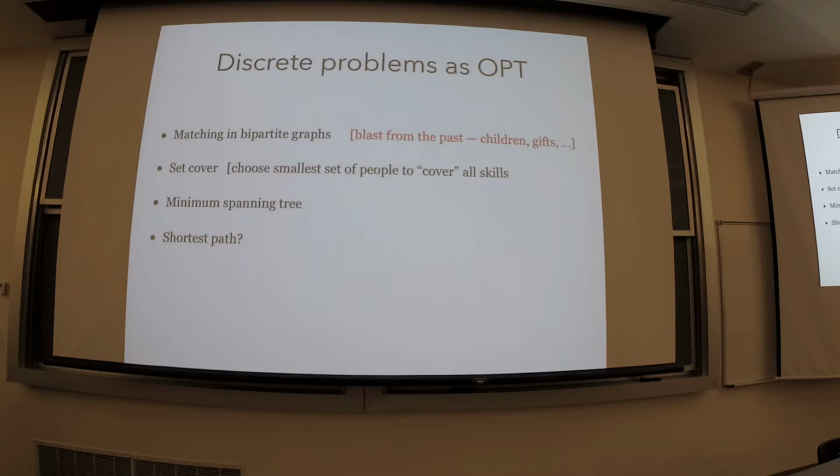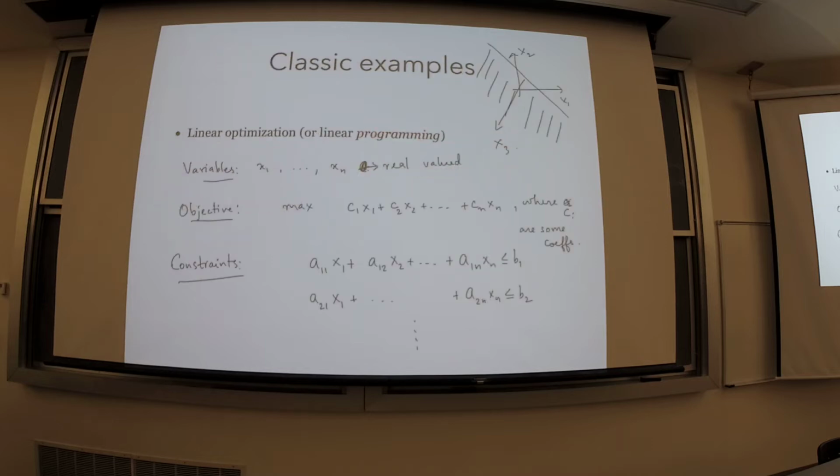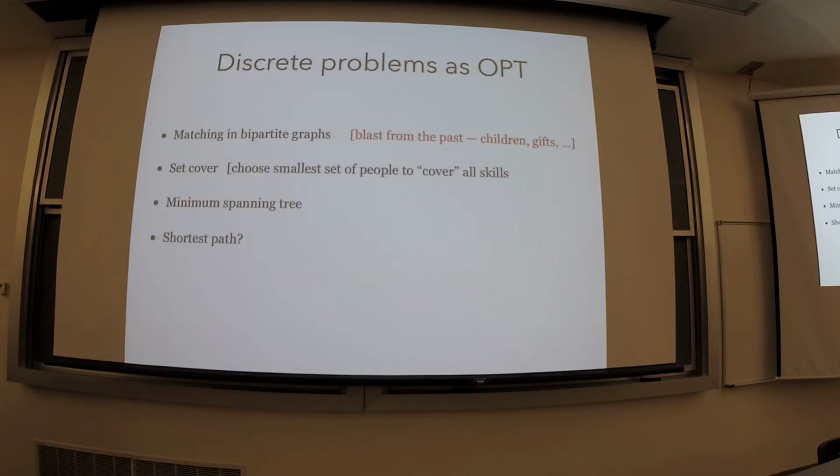Okay. But the general goal will be to say, okay, these are like the canonical applications of optimization where you have some continuous problems. But it's also interesting to think of optimization formulations of discrete problems, and that will be our goal.